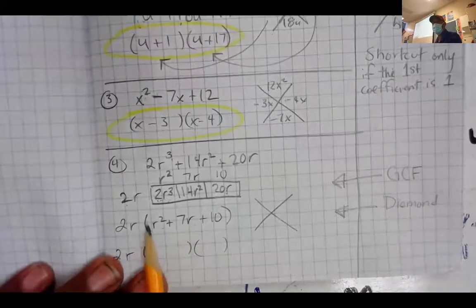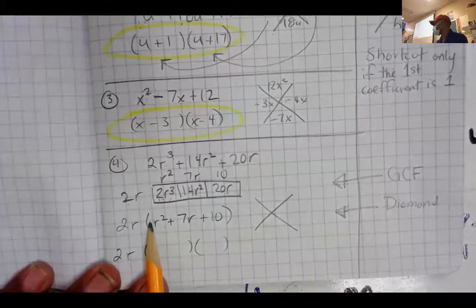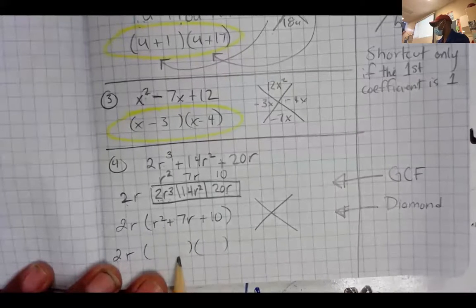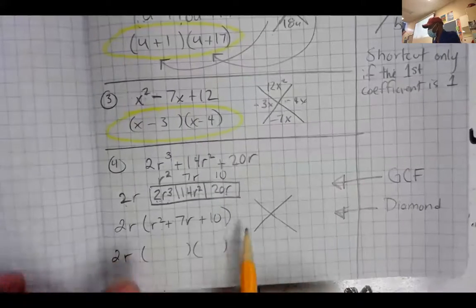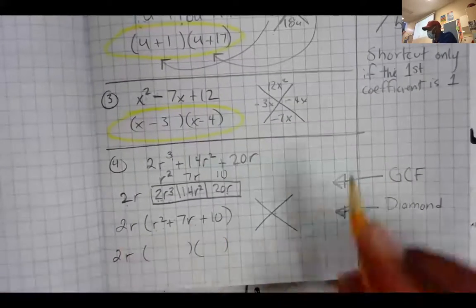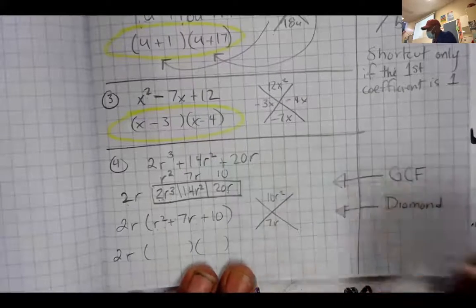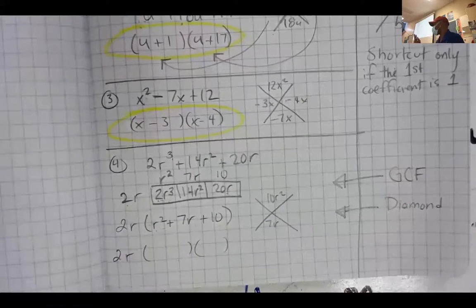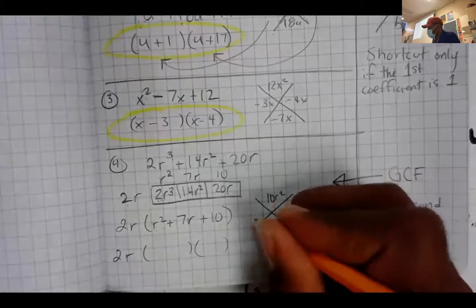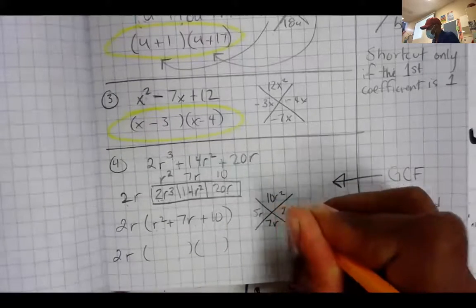Remember, the first number in front of that r squared is a 1, so I can go straight to here with the shortcut. So here again, it's r squared times 10 that goes on top, and then 7r goes on the bottom. Two numbers that multiply to 10 but add up to 7, that'd be 5r and 2r.